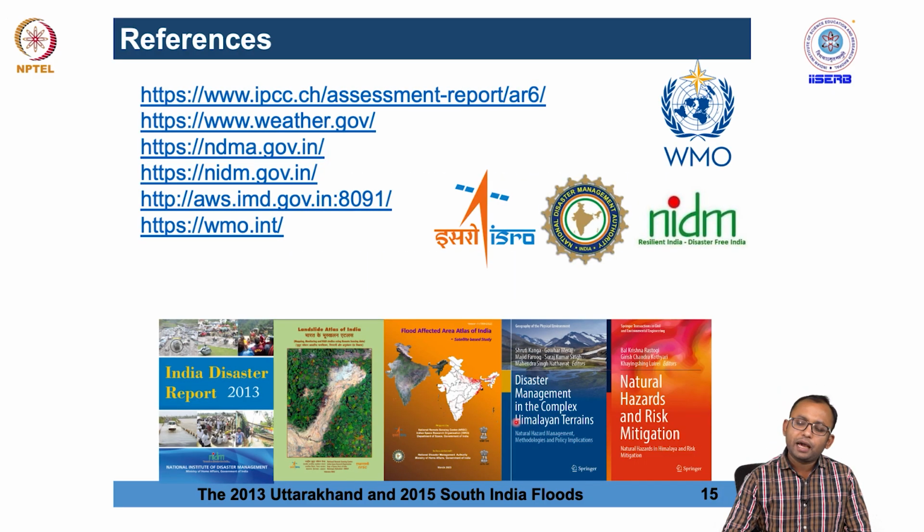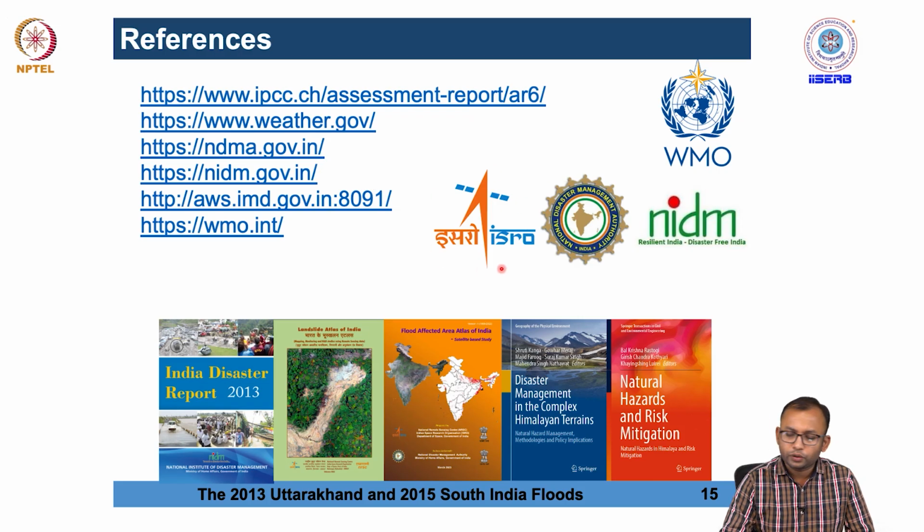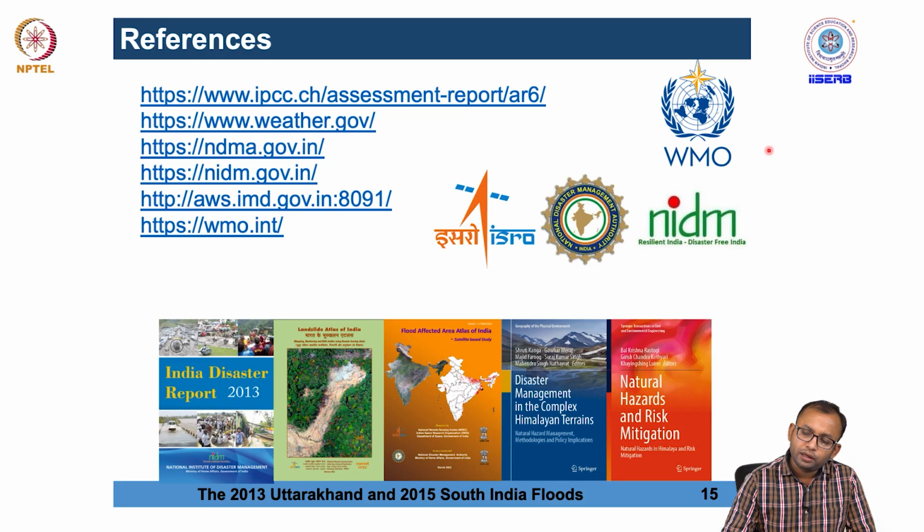Whatever I have taken from this particular lecture, you can go through all these websites. You can read about multiple case studies on extreme rainfall or extreme flooding events across India. You can also read about the India disaster report, the landslide atlas of India, flood affected regions of India, disaster management in the complex Himalayan terrain, and natural hazards and risk mitigation.